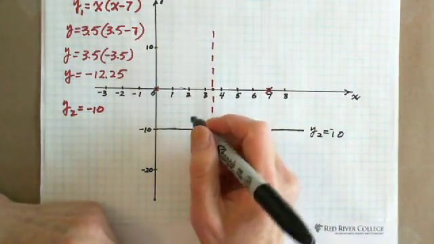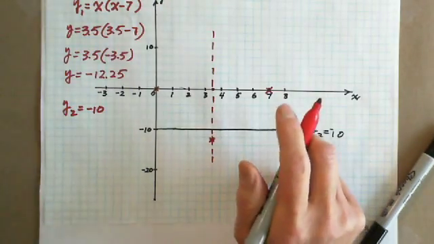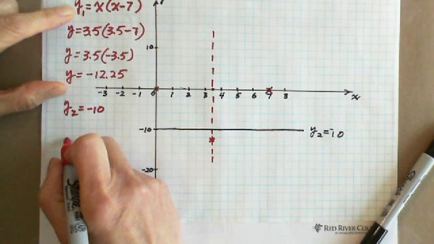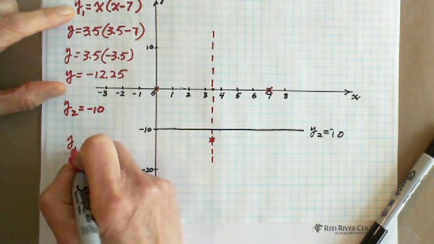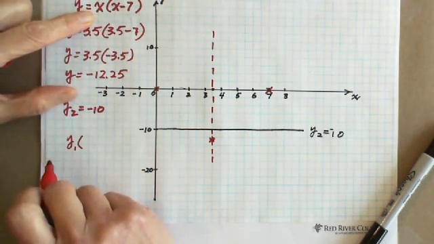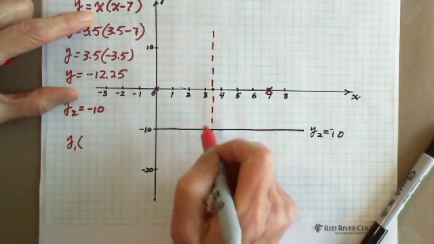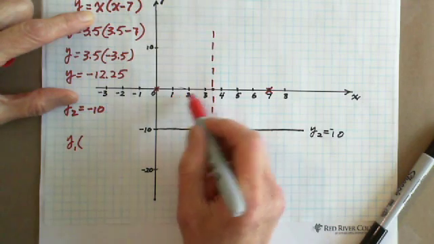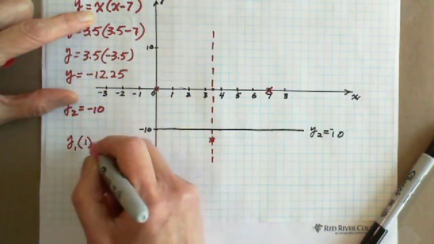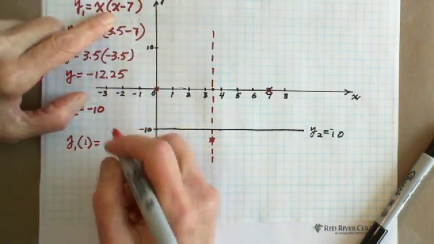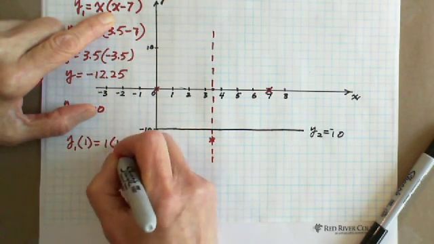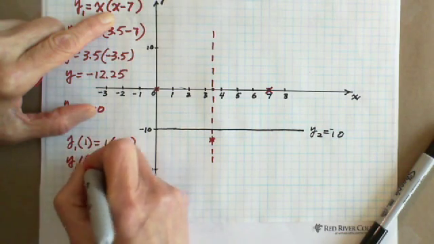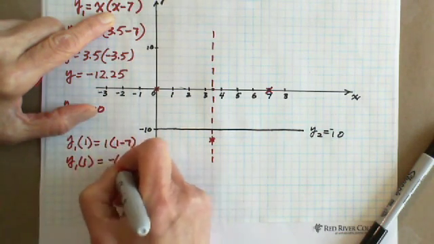To be more precise, I like to make more points for this one. So for y1, let's say in the midway, if we put 1 and 2, we put 1. This is 1 times 1 minus 7, which will give us negative 6, right?